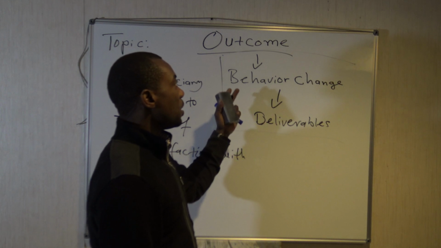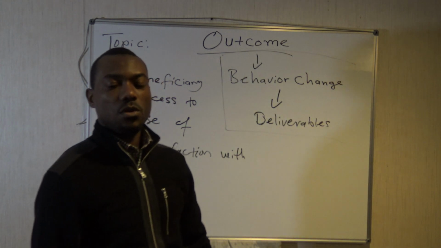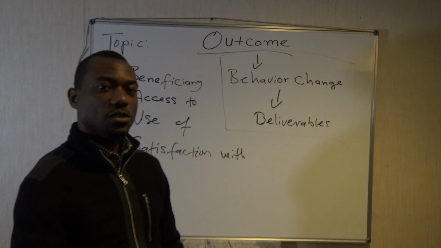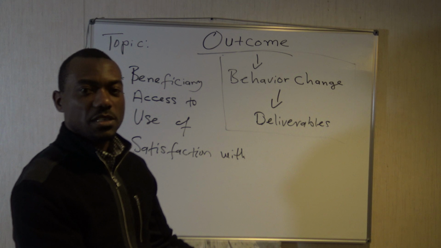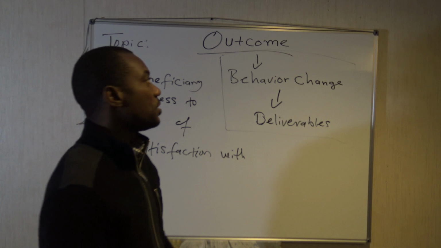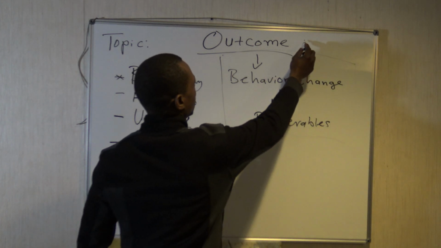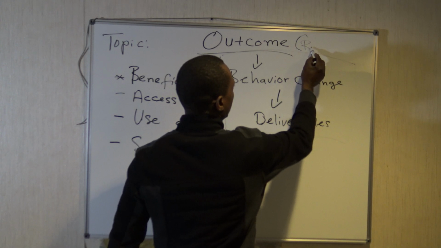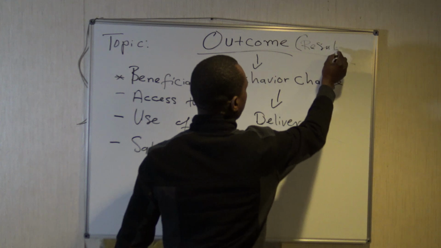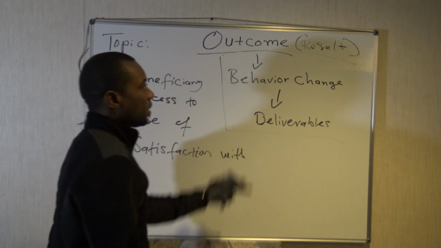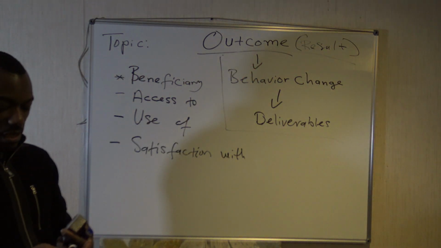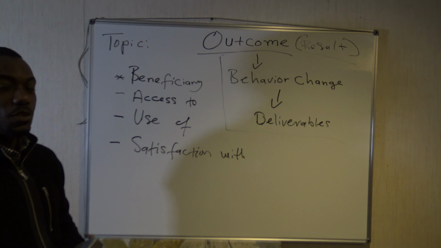And then you want to know, what's the outcome of my project? Or what's my expected outcome, which is your result. Basically, you want to call this a result. And how can you calculate your result?